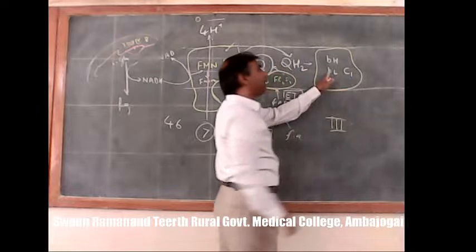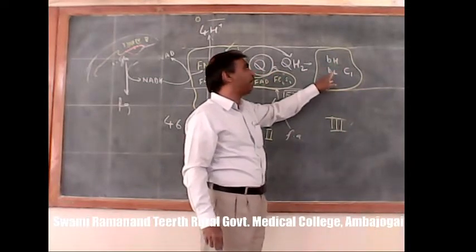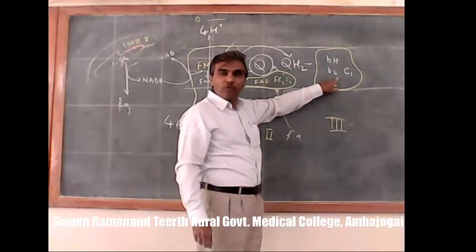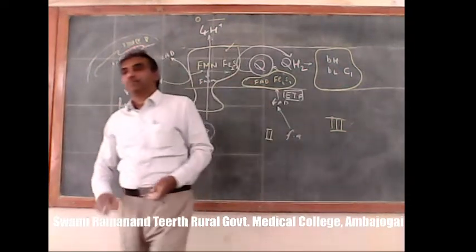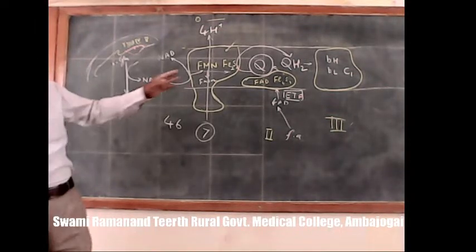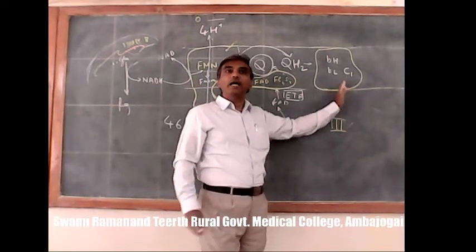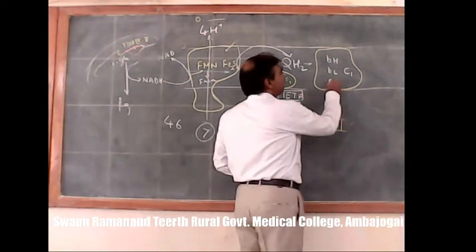Actually, B and C are the two cytochromes. There are two Bs, BH and BL, and one cytochrome C1. These are the cytochromes present in complex 3. It also has an iron sulfur center.